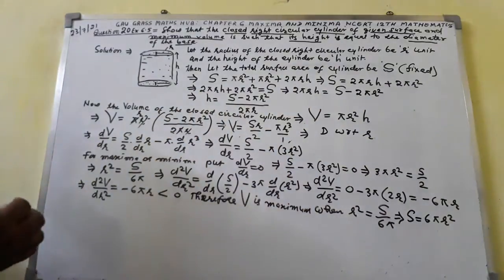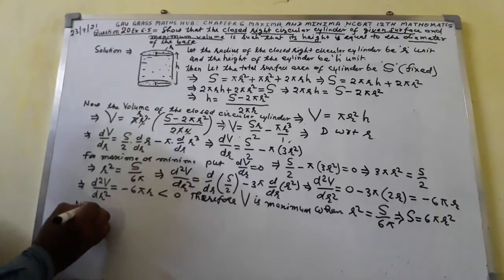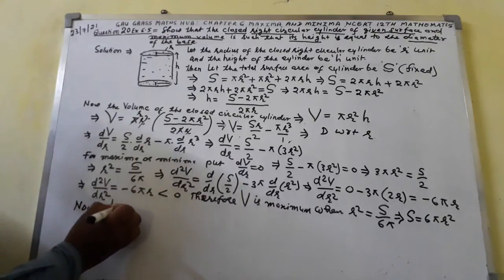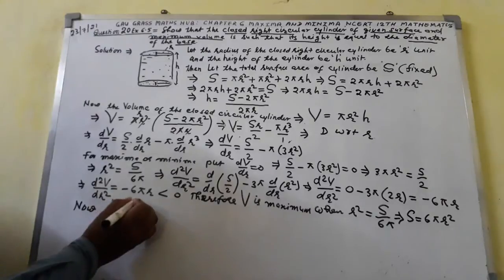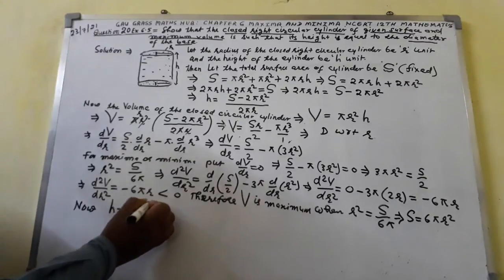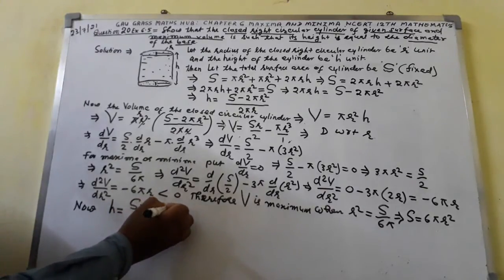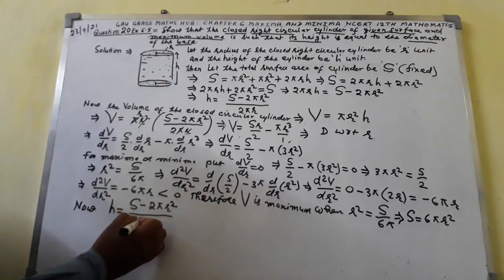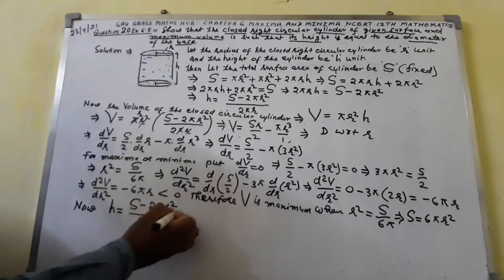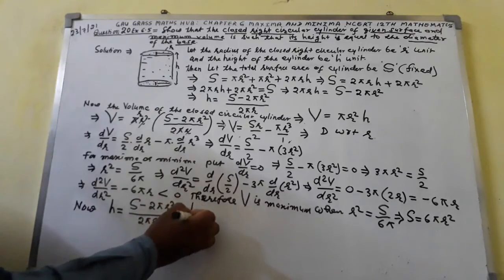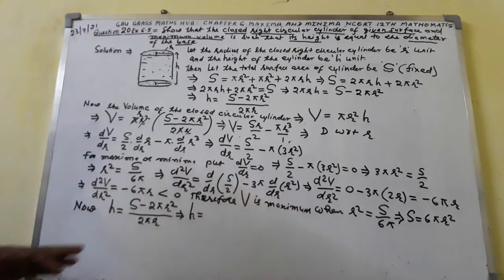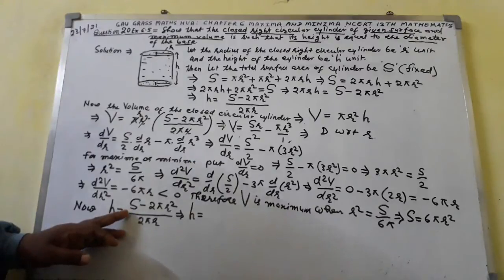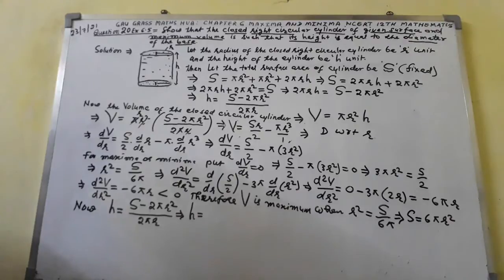So here again, h is equal to capital S minus 2 pi r square, whole over 2 pi r. Implies that h is equal to, put the value of capital S, which you have got as 6 pi r square.